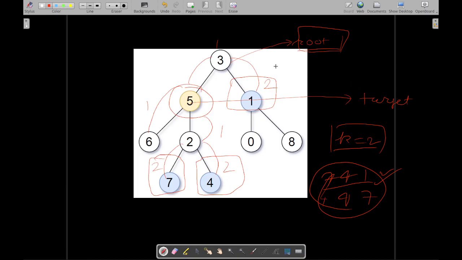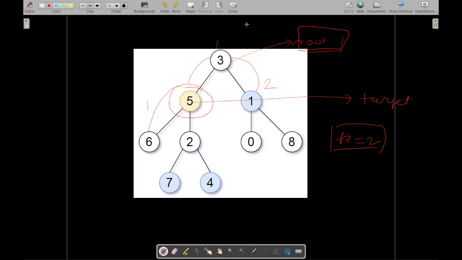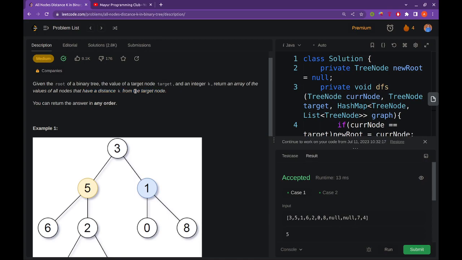Okay, so how will we be approaching this problem? If we simply look at the problem statement, it's saying that we have to return all the nodes at distance k from the target.